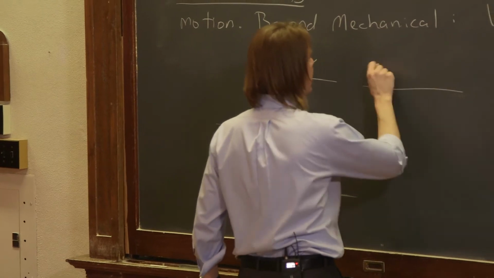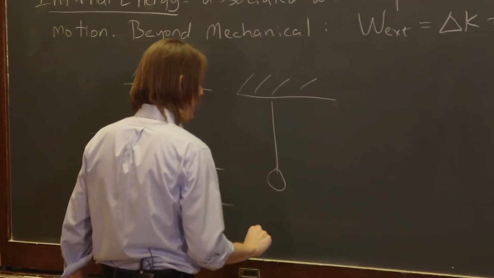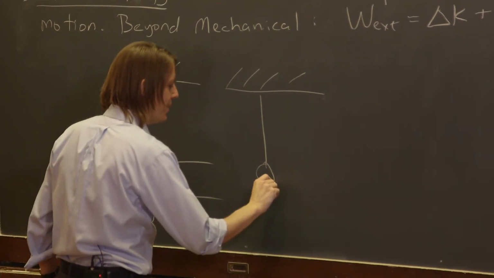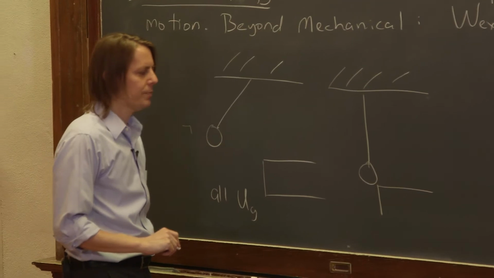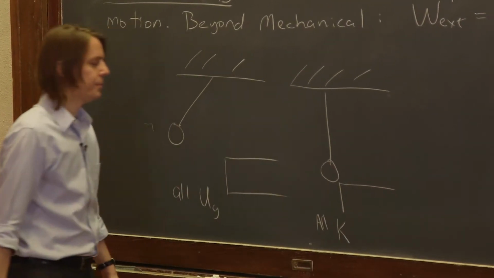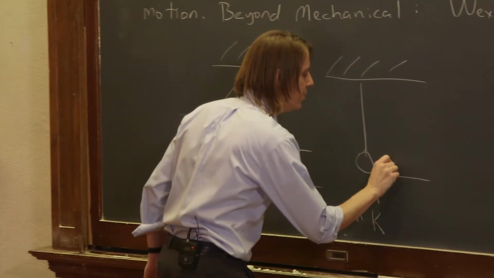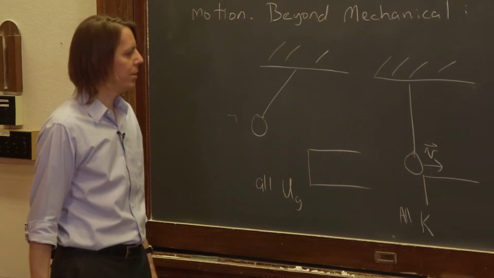At this point, the mass is here, and it's just about to start interacting. It's straight down. It's just about to start interacting with the block. Here, it's all kinetic, because now it has a velocity like that. Nothing's happened with the block yet.